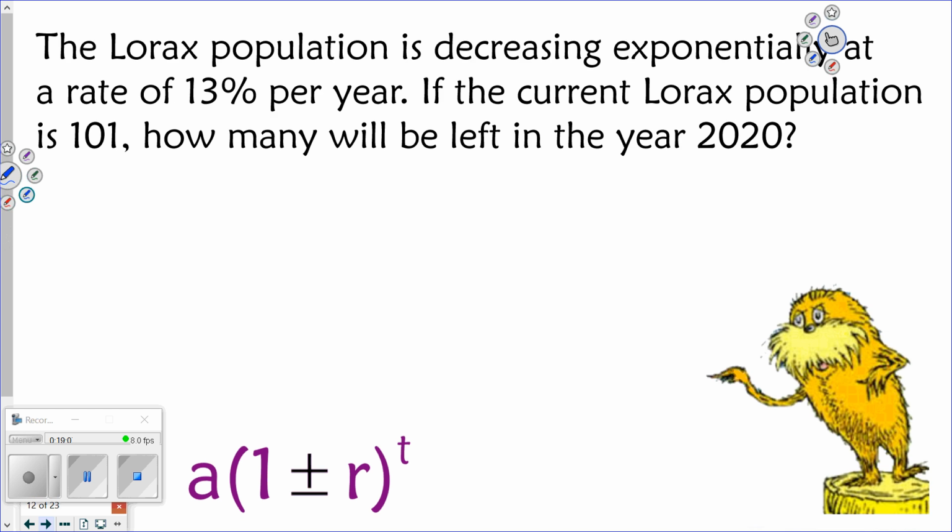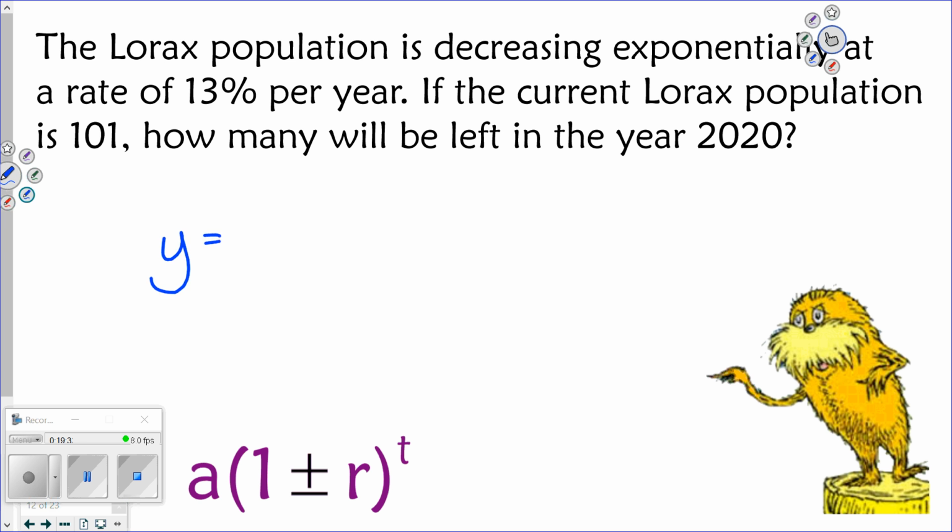The Lorax population is decreasing exponentially at a rate of 13% per year. If the current Lorax population is 101, how many will be left in the year 2020? We see that this is something that's going up or down, so we're going to use this formula.